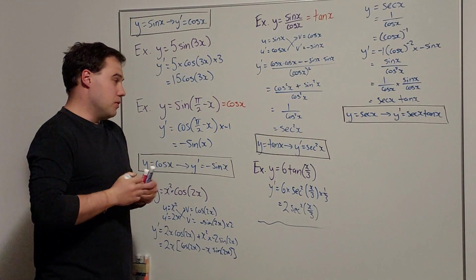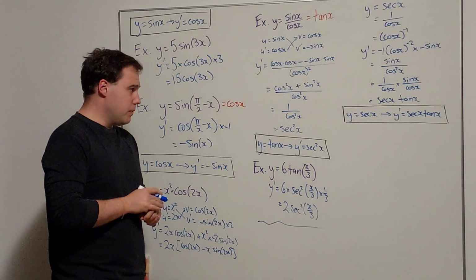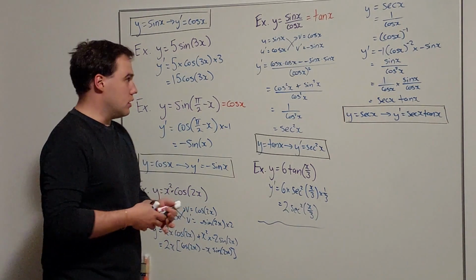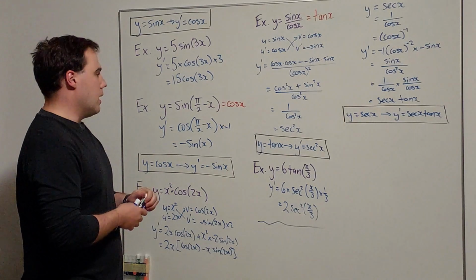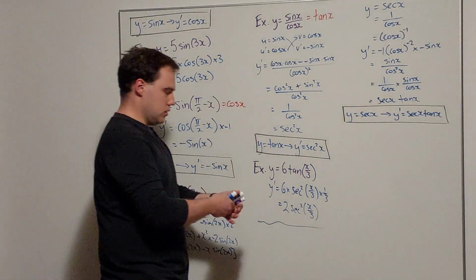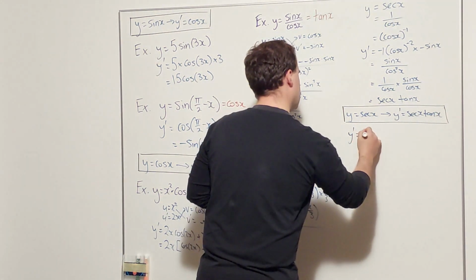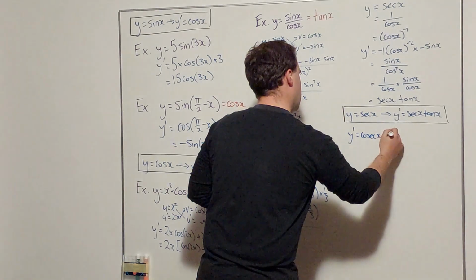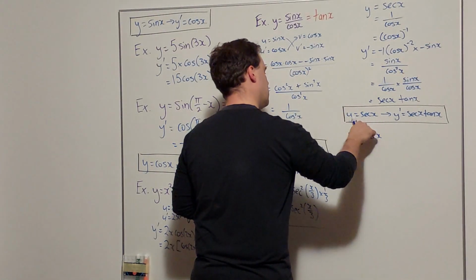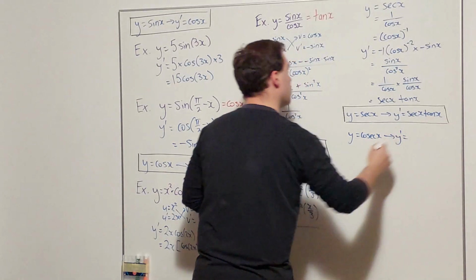Alright, I'm not going to go through the derivation of our other two ones. I will just state them, but it might be a good exercise to try and do them yourself. So, for example, let's just do cosec x first. That's the function we're starting with, and what's it going to differentiate to?